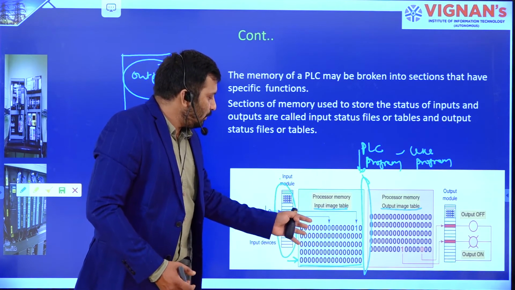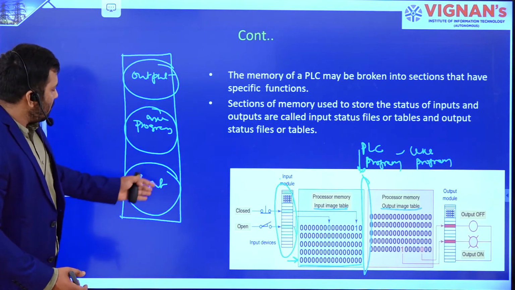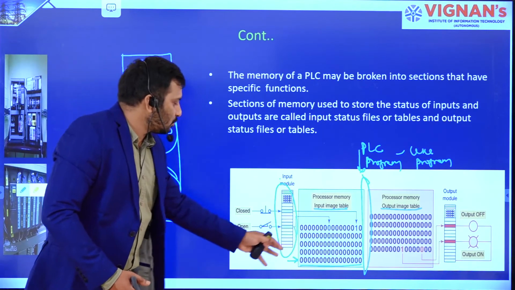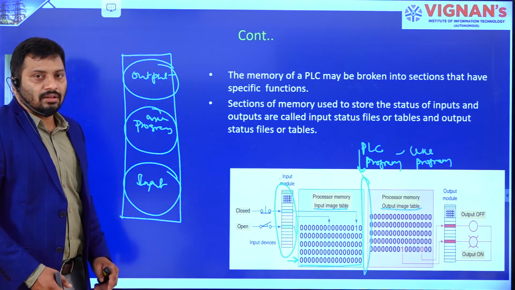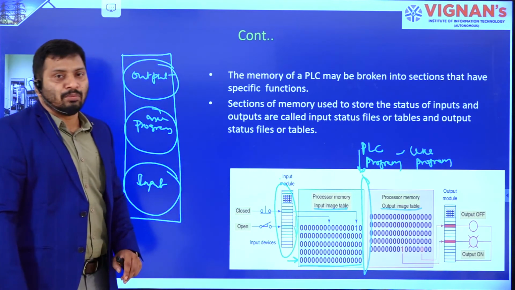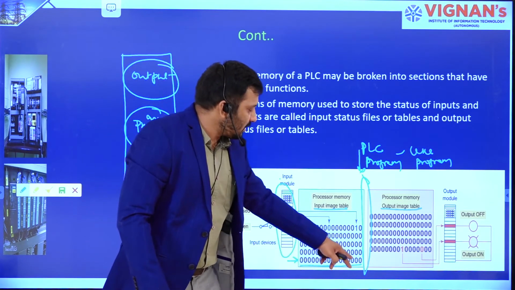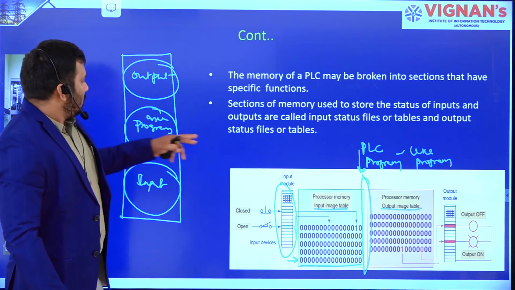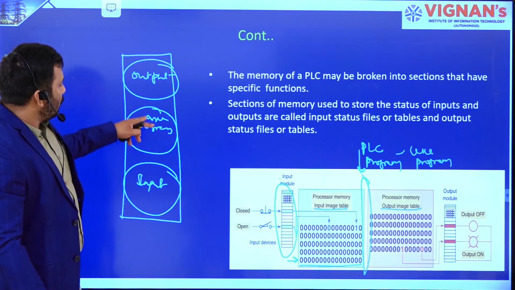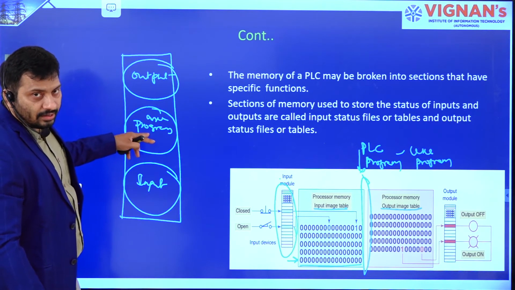In the CPU we have a memory. In memory, the corresponding data is going to be stored like this. That is what you call the input image table. By taking this input data from the input image table, the CPU executes the program you have written in this particular place in the RAM.